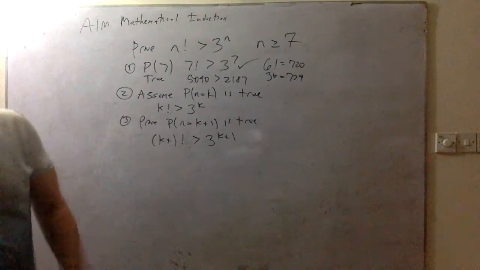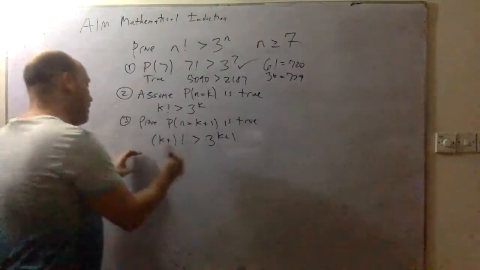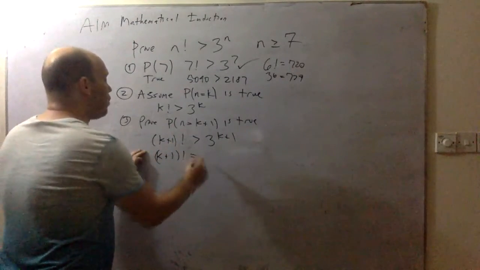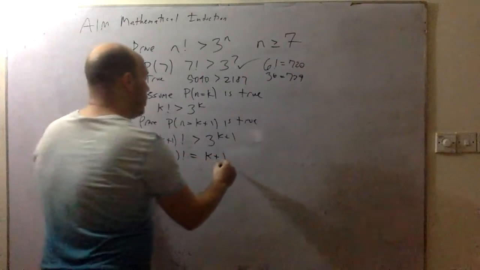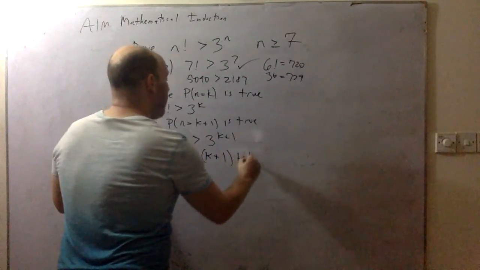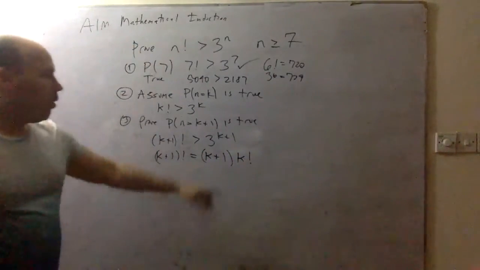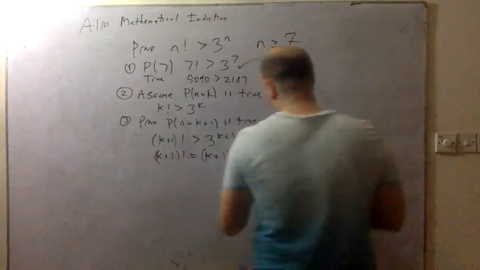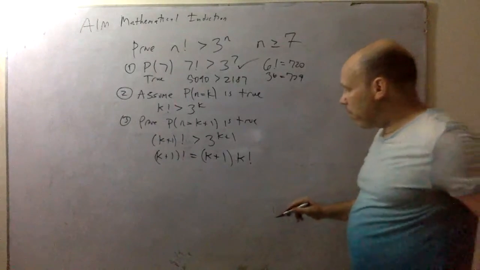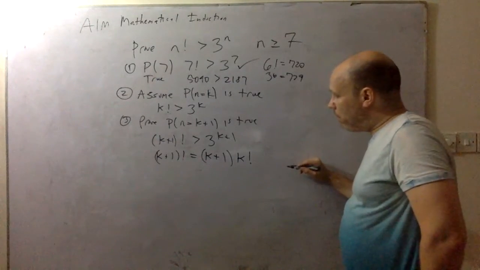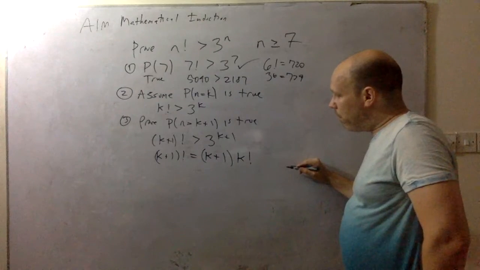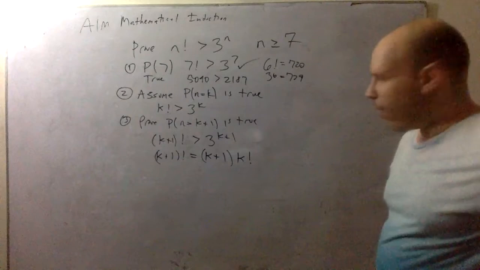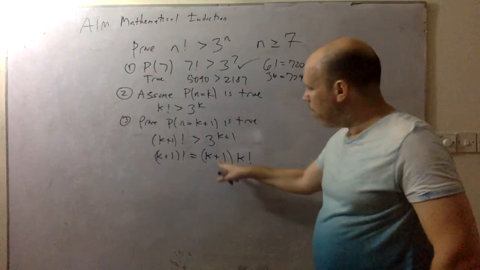Let's see. What do you think? Well, let's work with the left-hand side. What is k plus 1 factorial? Well, we know that's equal to k plus 1 times k factorial. Well, what do we know about k plus 1?